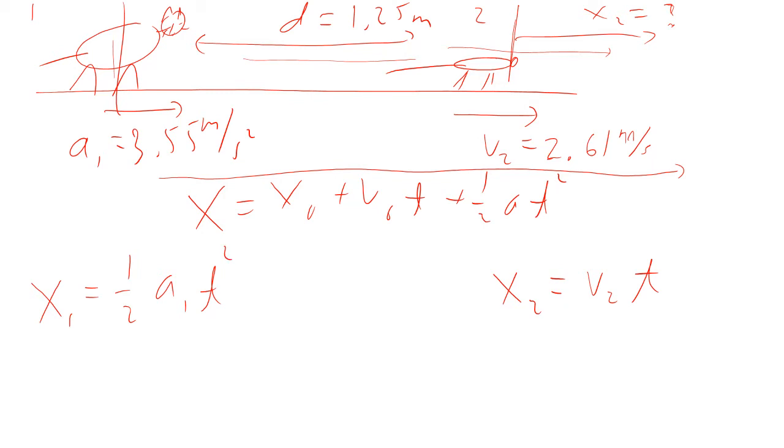So what's the relationship? Well, x1, the distance the cat went, was the original distance plus x2. The cat had to run the original distance and then the extra distance that the rat ran. So we plug in: 1/2 a1 t squared equals d plus v2 times time.